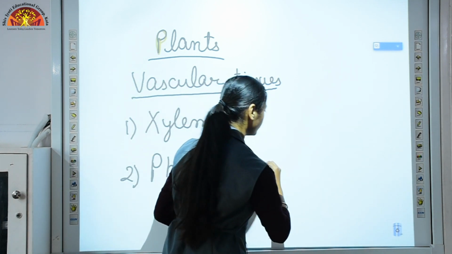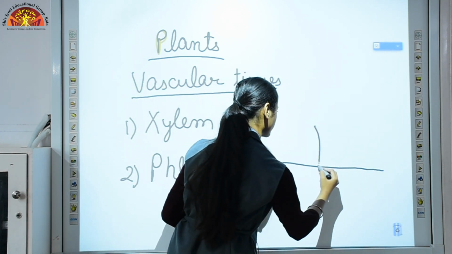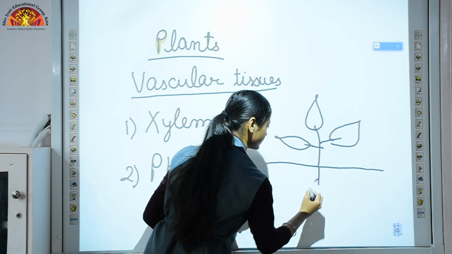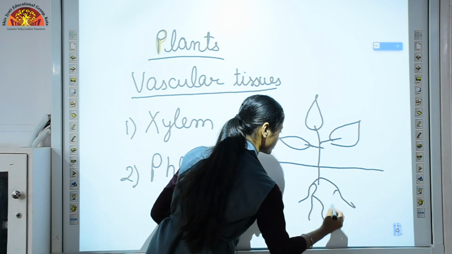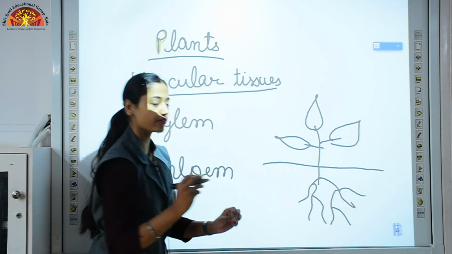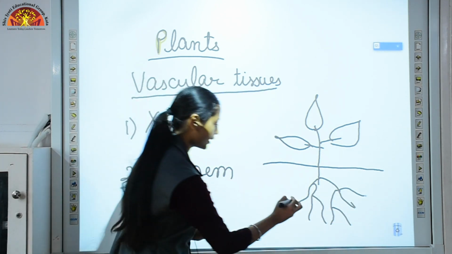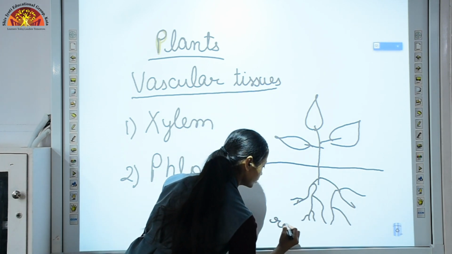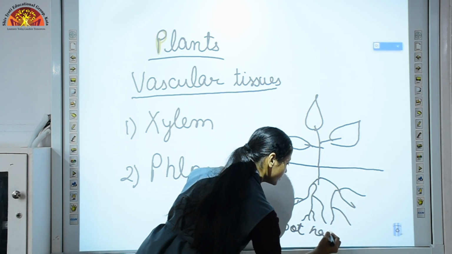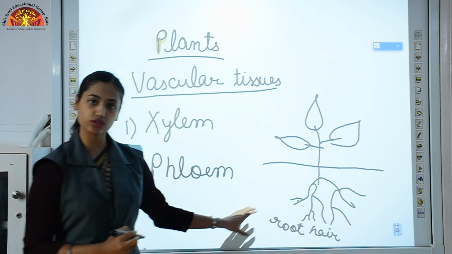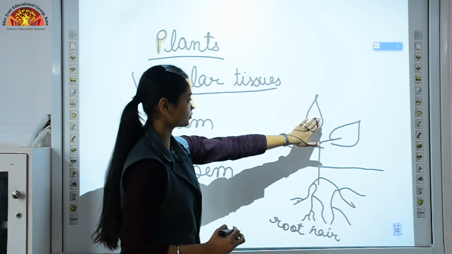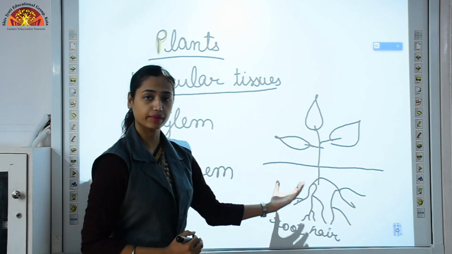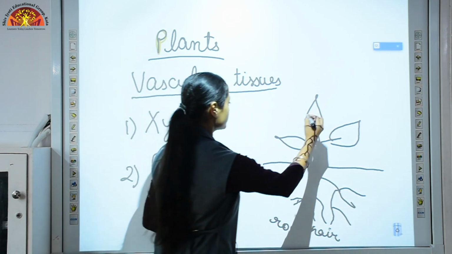Let's say this is a very rough sketch of a plant. These are the roots of the plant. These roots have very small hairs, known as root hair, and these hairs help in absorption of water from the soil. And you know what the leaf does? It photosynthesizes; it manufactures food.